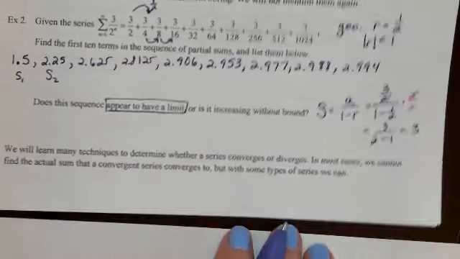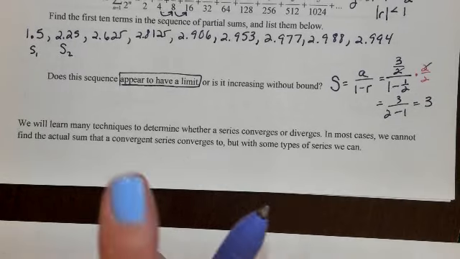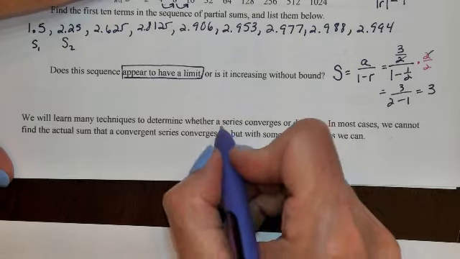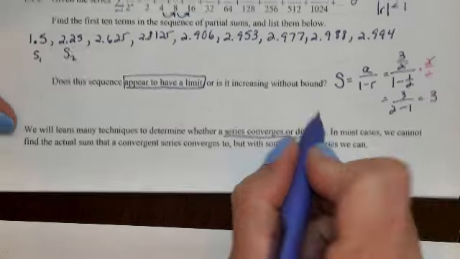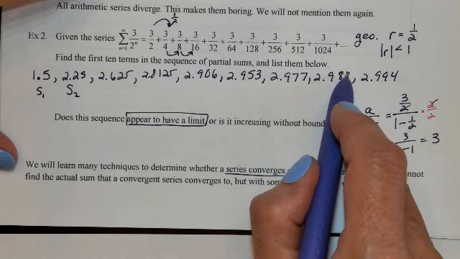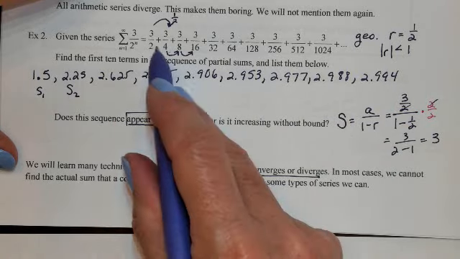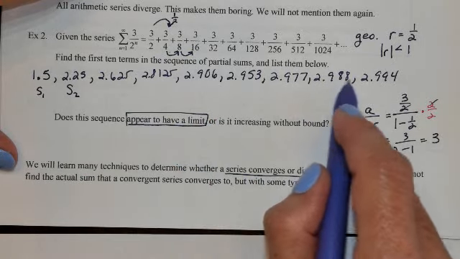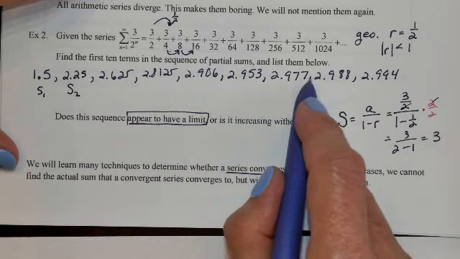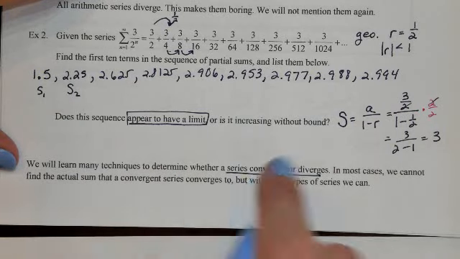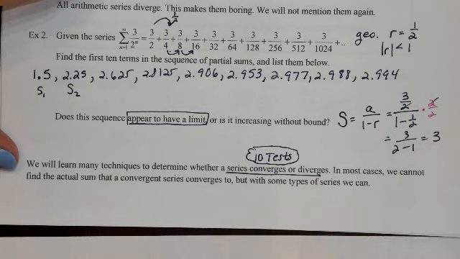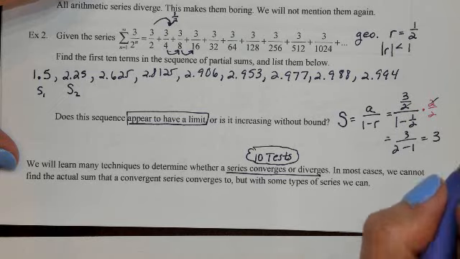All right. We are going to spend the rest of this unit learning 10 tests to determine whether a series converges or diverges, because this way is not very elegant, right? And depending on the series, this may not be very effective, okay? So instead of writing out terms like this, we will learn 10 tests to determine it for us, okay?